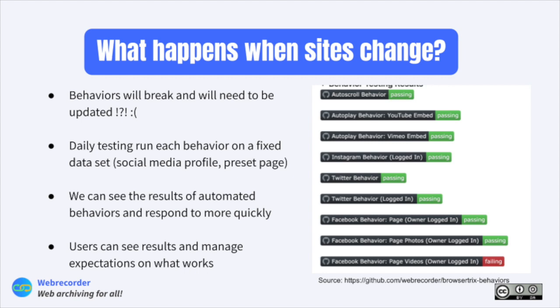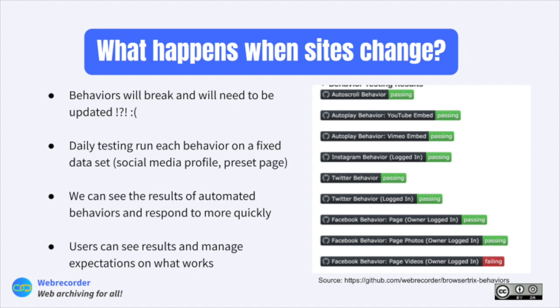That's probably the best that we can do in helping users manage expectations, so that you can see what is working and what isn't, based on these daily tests, which are available from the behaviors repo on GitHub, and also from the behaviors page on our guide.